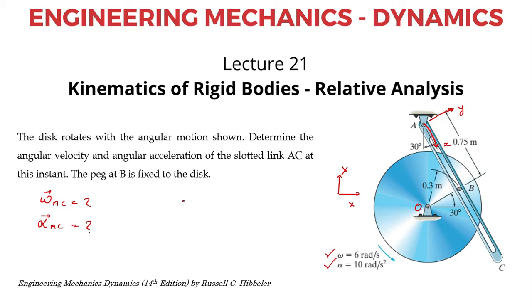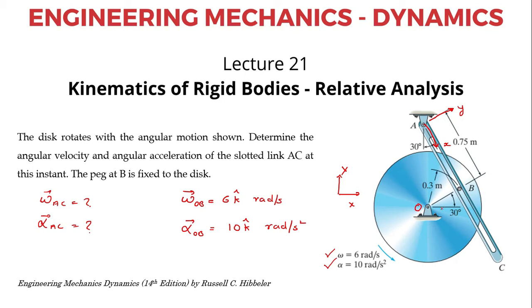Omega_OB vector will be equal to, since this is undergoing an anti-clockwise direction, the direction of the angular velocity will be outwards from the plane of paper along the z direction. So this will be equal to 6 k cap radians per second. Similarly, alpha_OB vector will be equal to 10 k cap radians per second square.